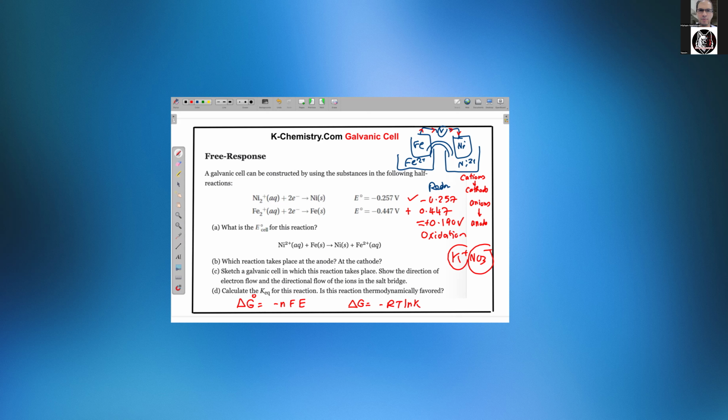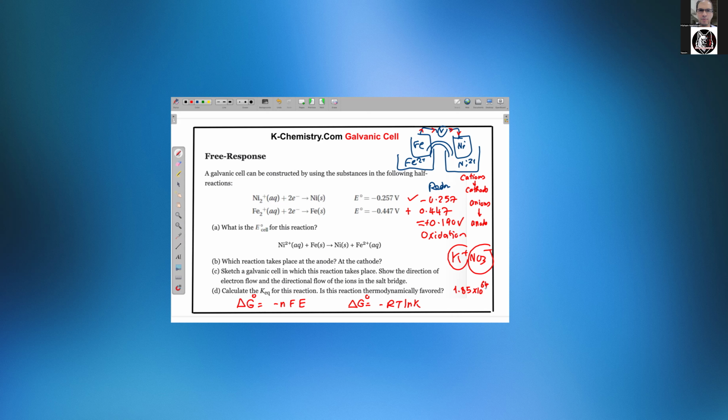Okay, the answer is 1.85 times 10 to the power of 64. Is this the K or the ln of K or what? That's K. Okay, how many electrons are there? 2. Okay, and what is the voltage?